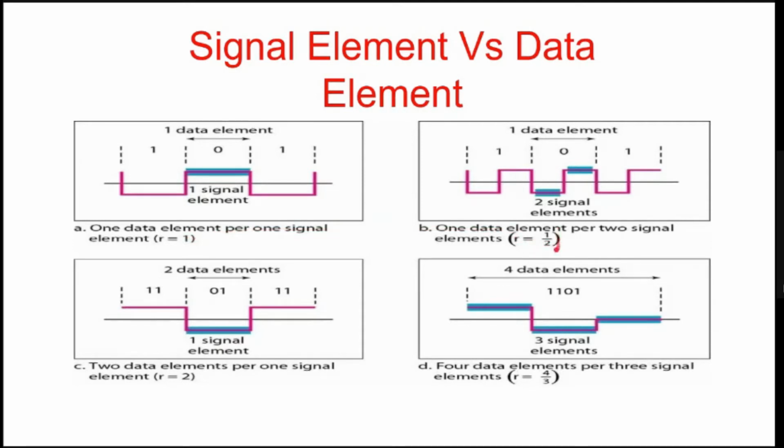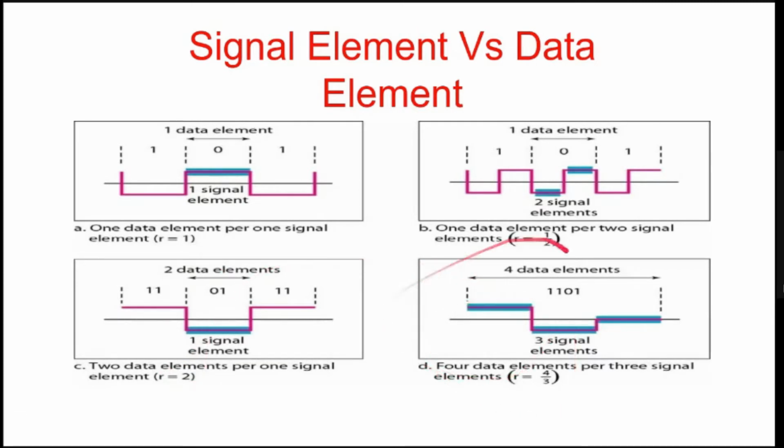But here the R value equals 1/2 because you have to split the corresponding signal. So here the two data elements enter the single signal element, 1 1, equal to 2 data elements, so the ratio equals 2.